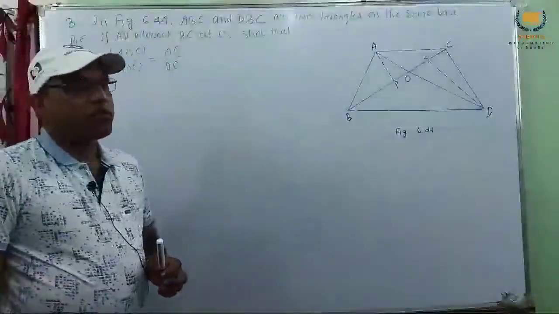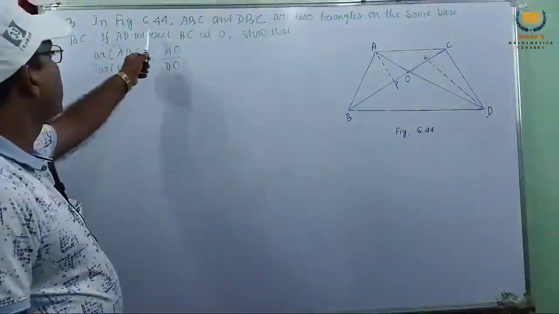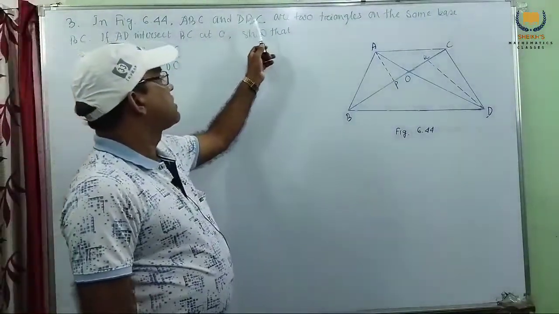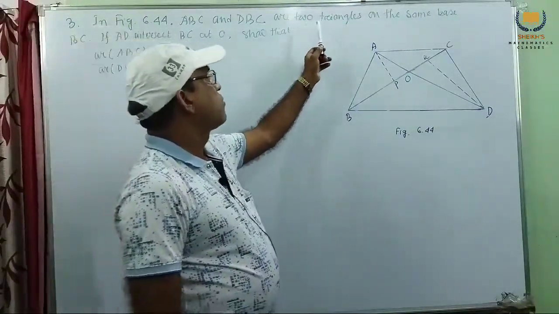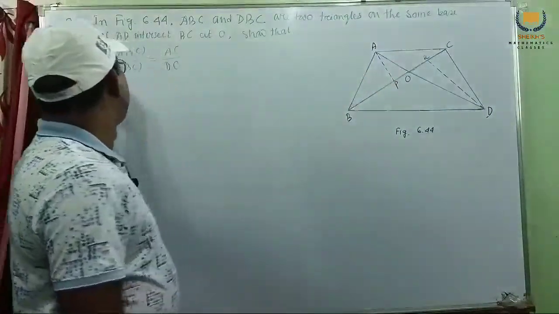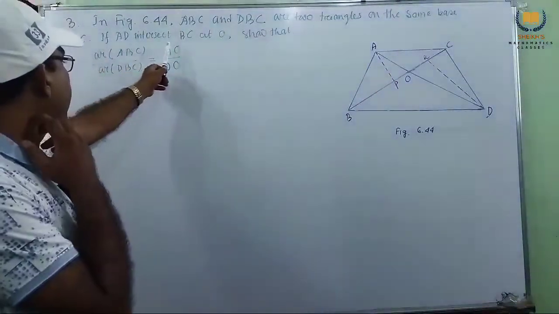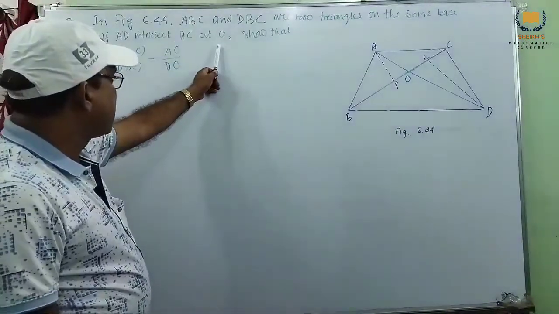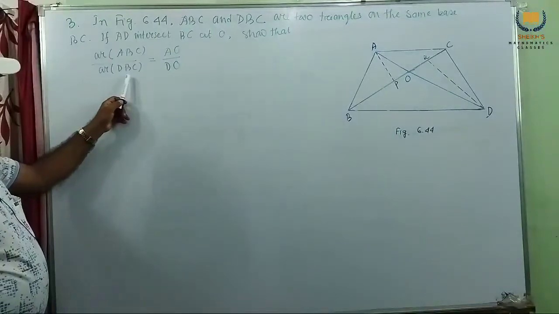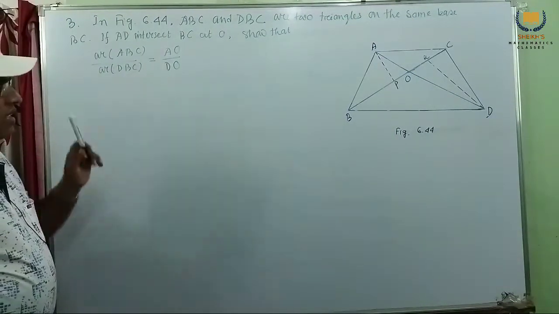Now we consider problem number 3. In problem number 3, given in figure 6.44, triangles ABC and DBC are two triangles on the same base BC. If AD intersects BC at O, show that area of triangle ABC by area of triangle DBC equal to AO by DO.